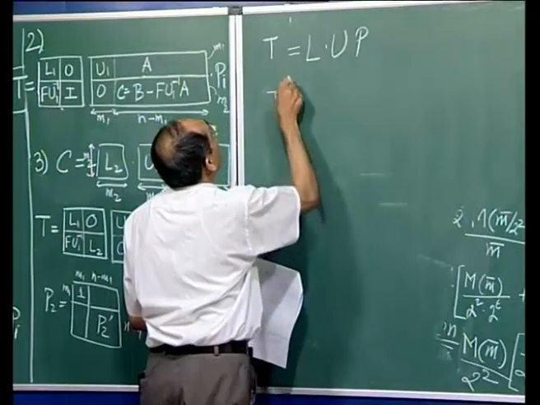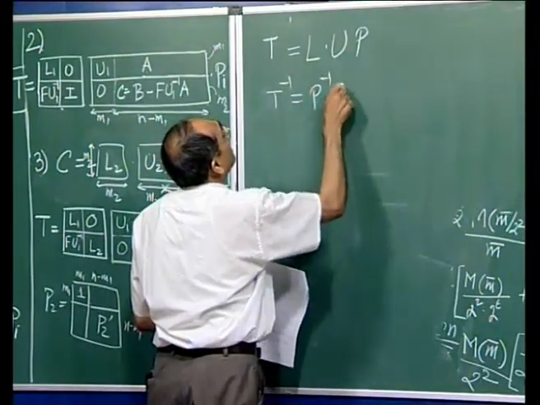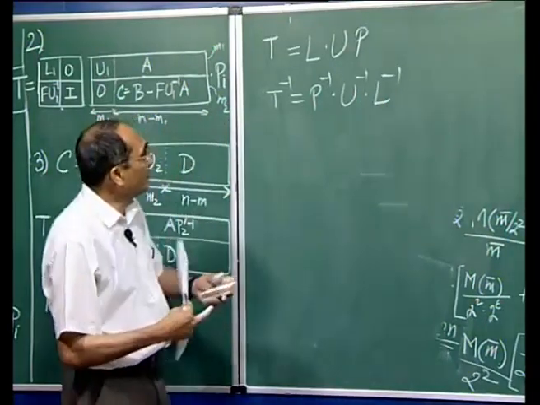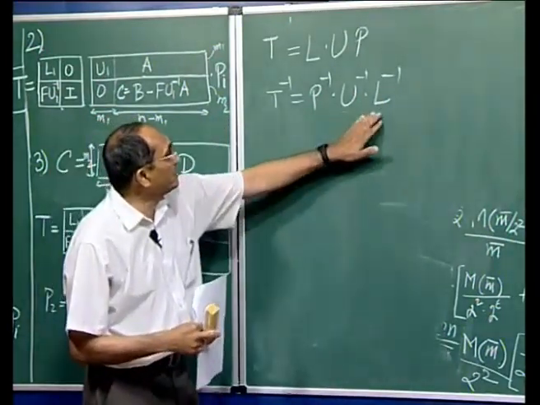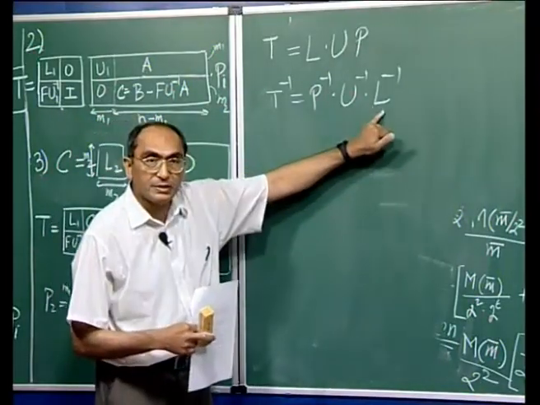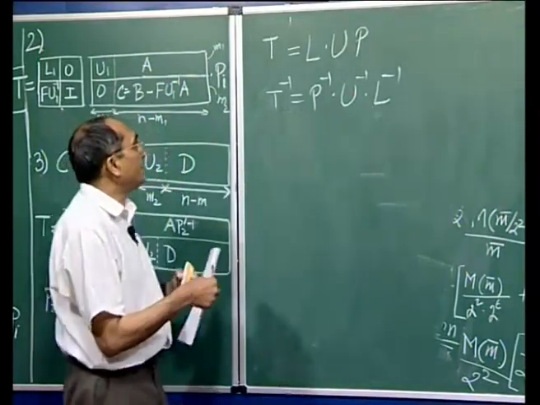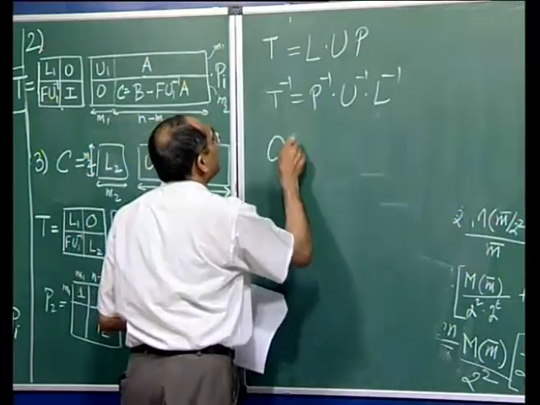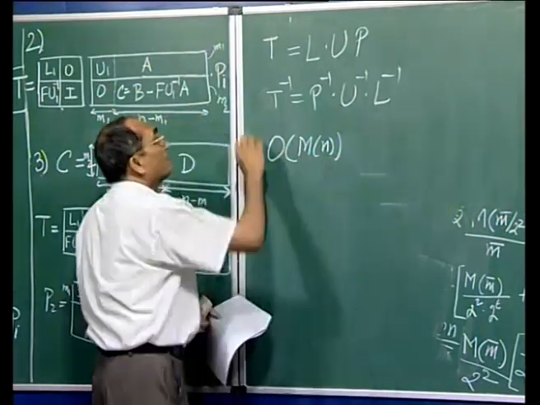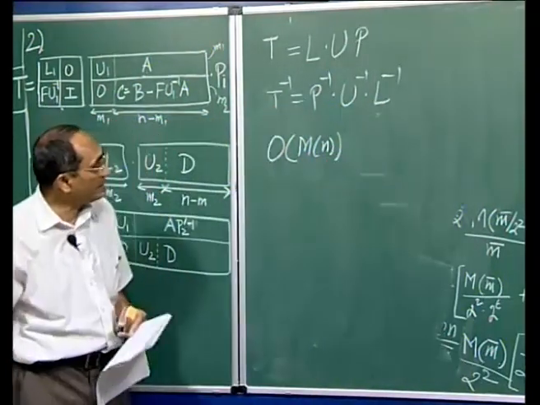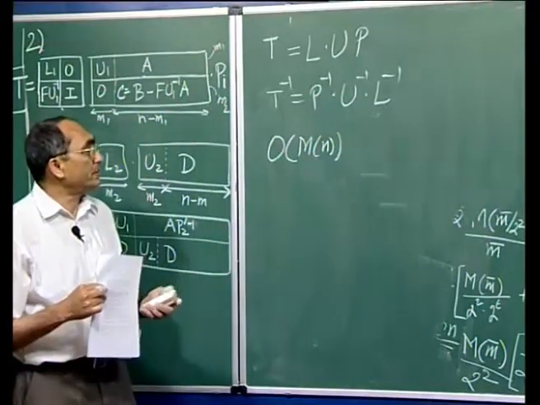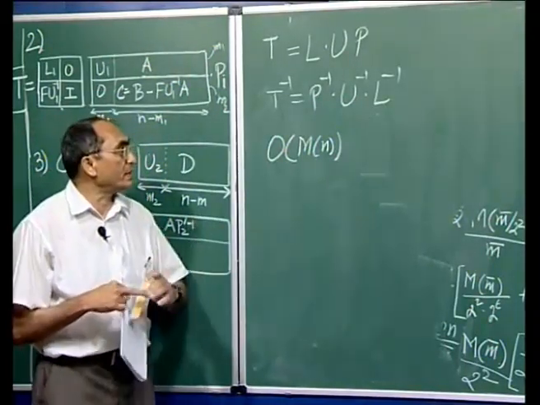So, T inverse will be P inverse, U inverse, L inverse. So, that involves computation of 2 inverses. This is trivial, and then the product will give you, since each step costs order M of the size of the matrix, therefore, this entire process will also cost us order M of n time. So, this is where we close the discussion of the matrices.